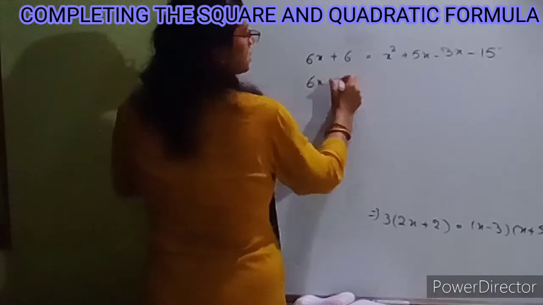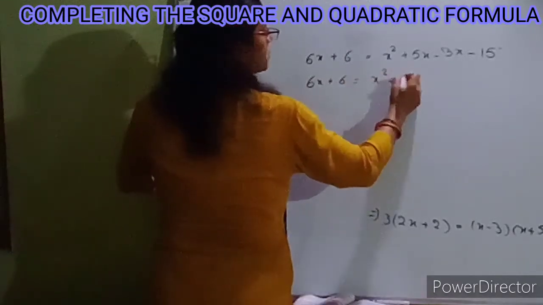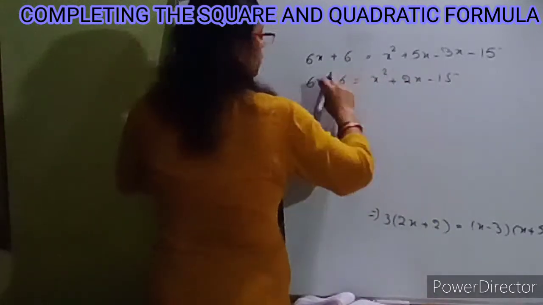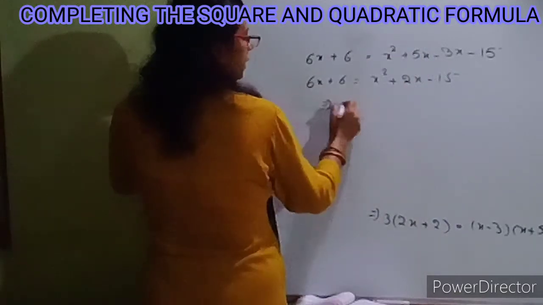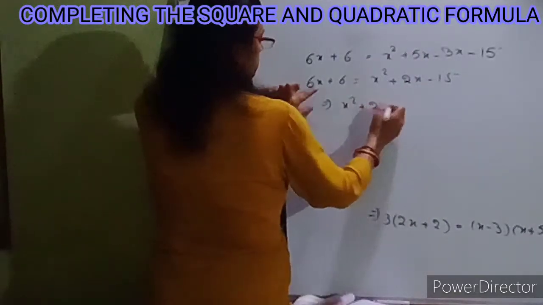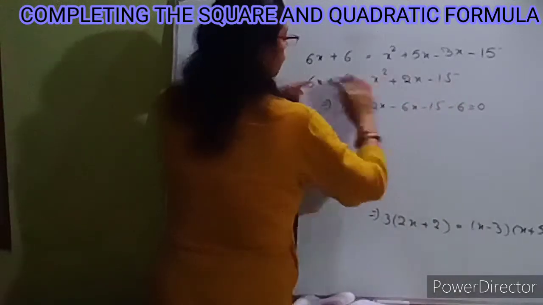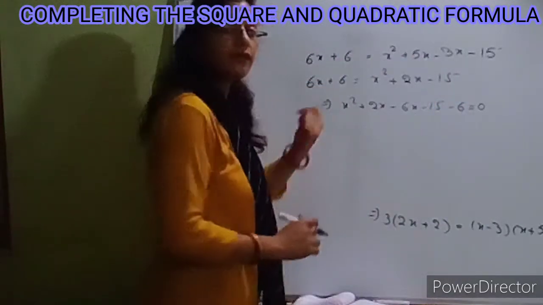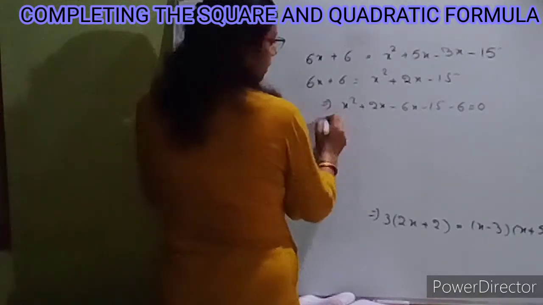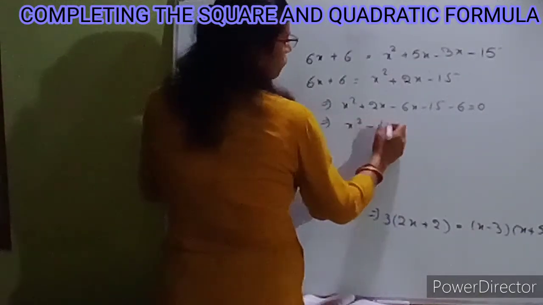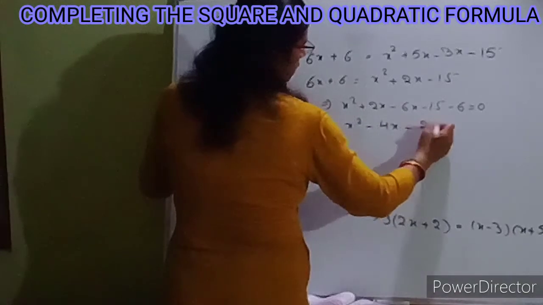6x plus 6 equals x square plus 2x minus 15. Bring all this to one side. So you will get x square plus 2x minus 6x minus 15 minus 6 equals 0. All these terms I have brought to this side and changed their sign. So you will get x square minus 4x minus 21 equals 0.